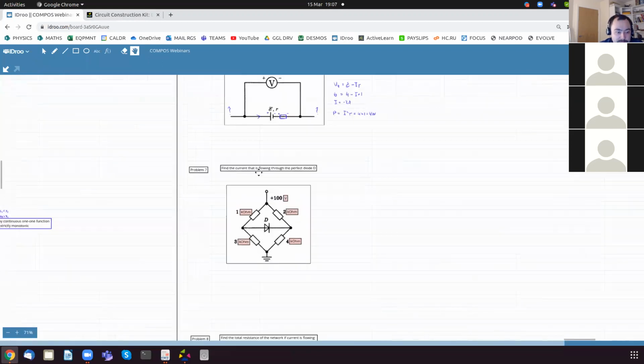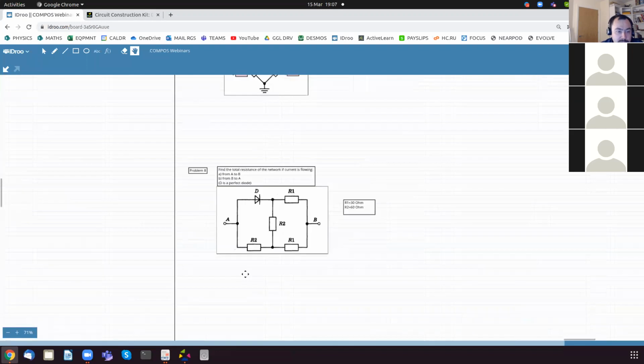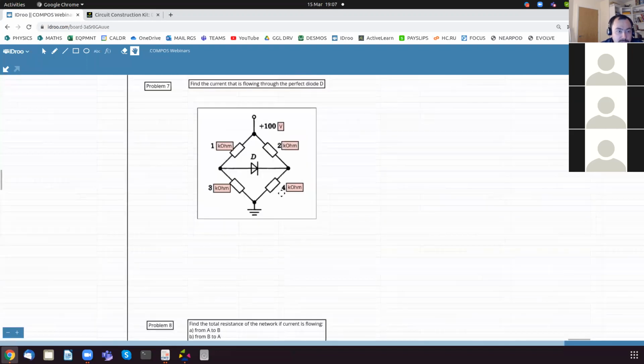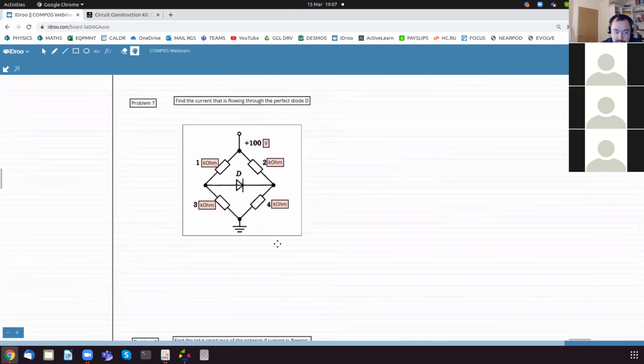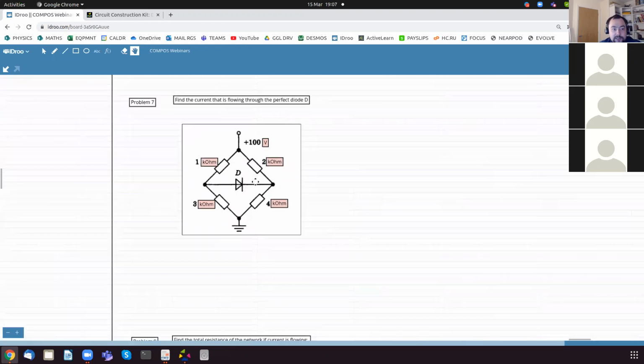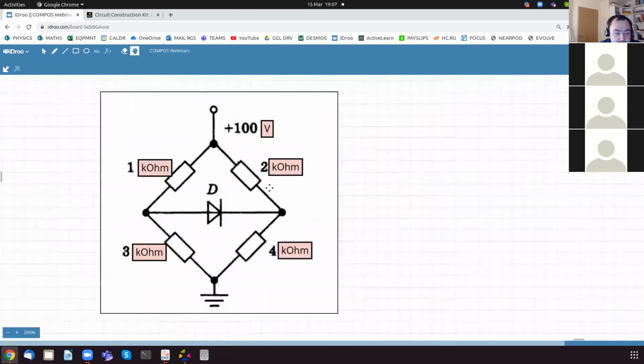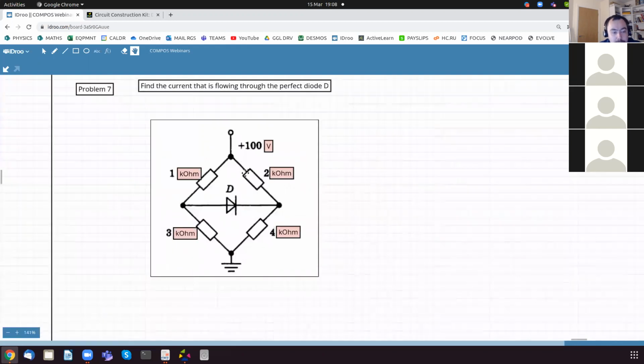Let's look at problem 7. So find the current as it is flowing through the diode. So the diode is a perfect diode.